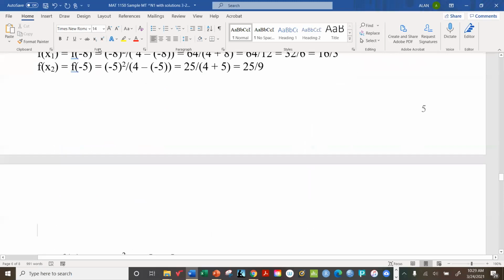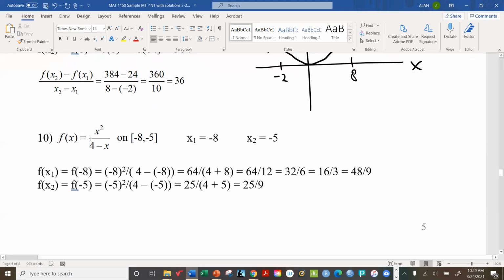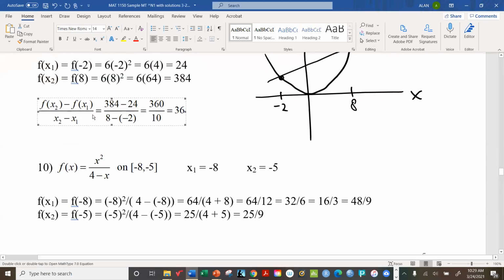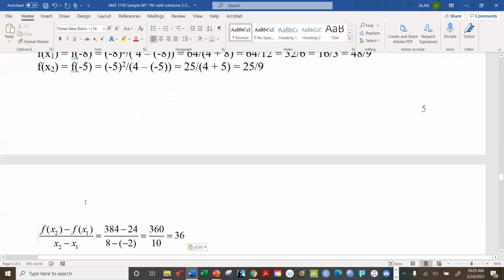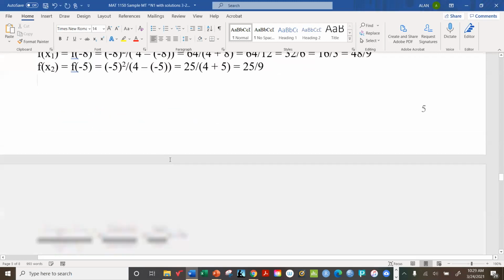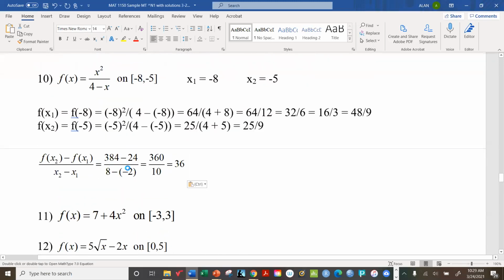All right, well, I'll tell you what, it's probably going to be easier if we convert this one into ninths. Let's make that 48 over 9. How about that? All right, so now with our function, here we go.